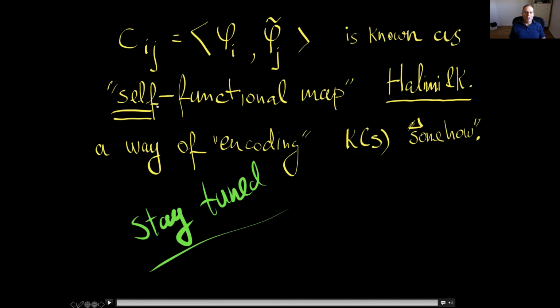And indeed, we called it self-functional maps, together with Oshri Halimi, and it is in a sense a simplification of a method that I will talk about later, which is called functional maps, by Ostianikov and his colleagues, and I will relate to it later.